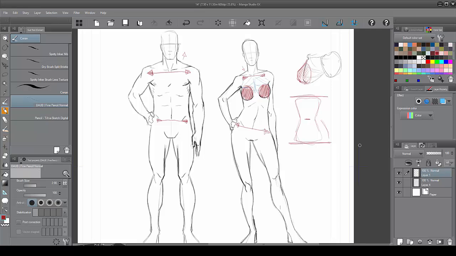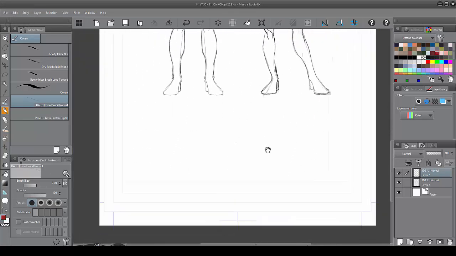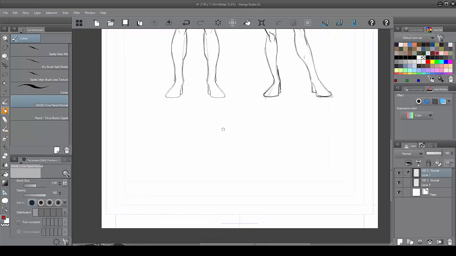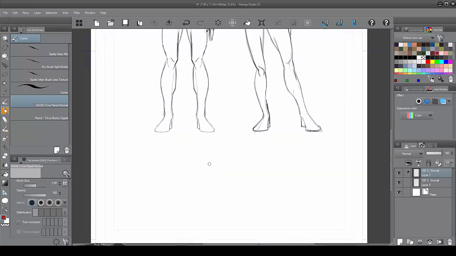And again, this is a huge generalization, so it's not a rule. Generally speaking, muscle mass on men is a lot more bulky and it's a lot leaner on women.